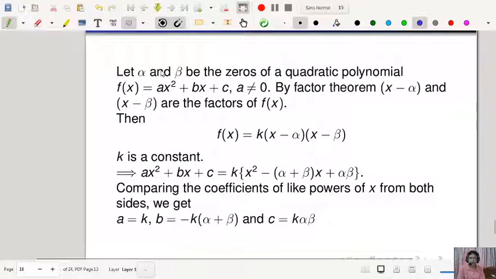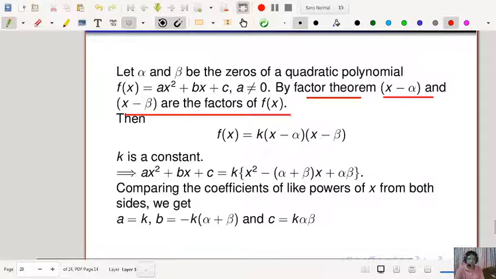If alpha and beta are the zeros of a quadratic polynomial f(x) equal to ax square plus bx plus c, then by the factor theorem, which we have already learned, x minus alpha and x minus beta are the factors of f(x), right? That makes sense.